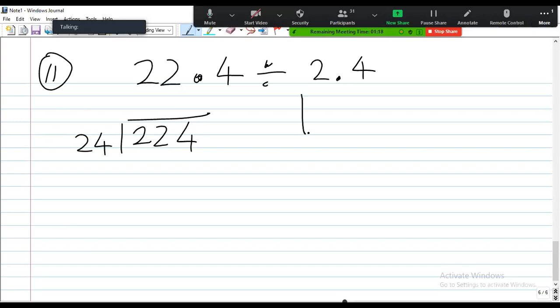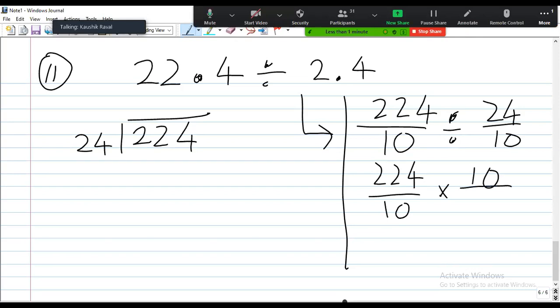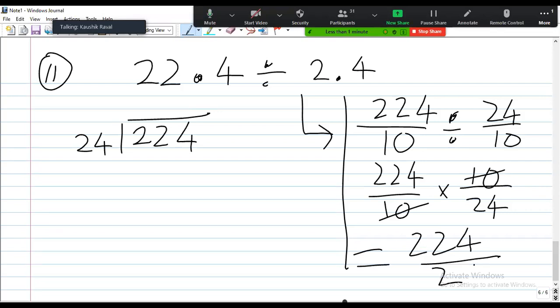Let me show you how it's done here. 22.4, I can write it as 224 divided by 10, divided by 2.4, which is 24 upon 10. Now using the fractions rule, what we can do is 224 by 10 into 10 upon 24. So the 10s cancel, and we have our problem very solved, very easy now. So now you can do it, right?